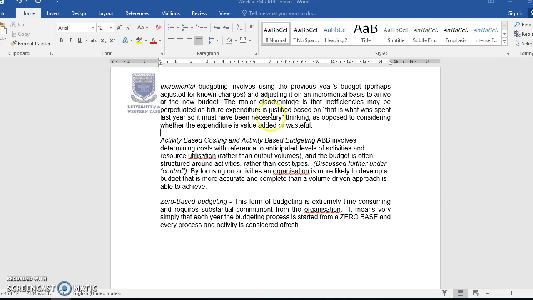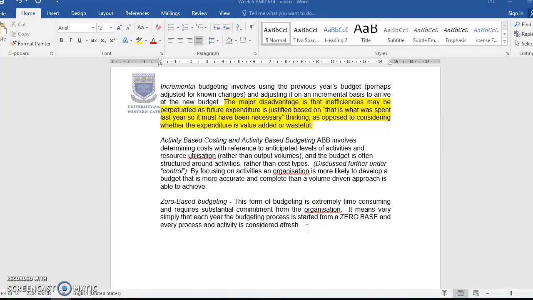The major disadvantage of using incremental budgeting is that if last year's budget was effectively incorrect or there were inefficiencies, you are just perpetuating these inefficiencies every year in the new budget. Then I'll come to activity-based budgeting last.